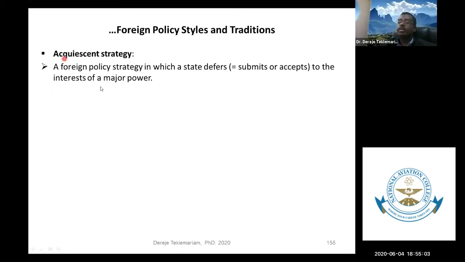For example, if America has a proposal, even a proposal for the whole world to be dominated, and it requests Russia, please let's do this, even if Russia may have some discomfort, for the sake of that great power, Russia may defer its interest to the interest of the other bigger power.